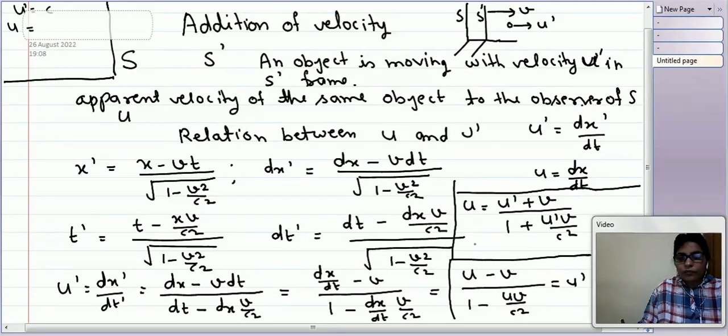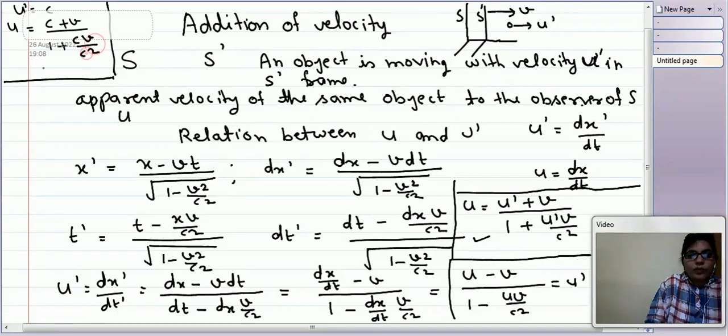It will be c plus v divided by 1 plus cv by c square, which is c plus v divided by 1 plus v by c, and this is equal to c plus v divided by c plus v, with c in the numerator.